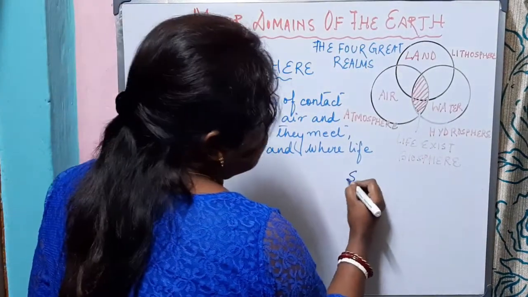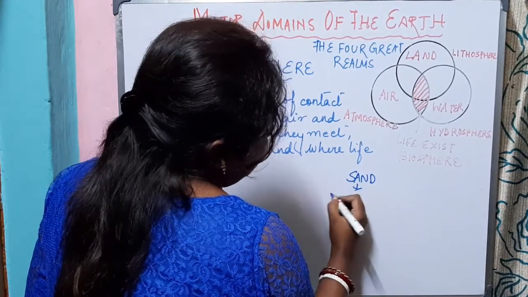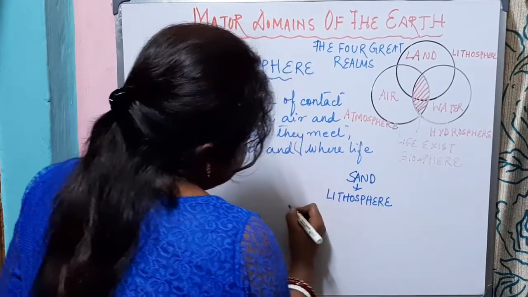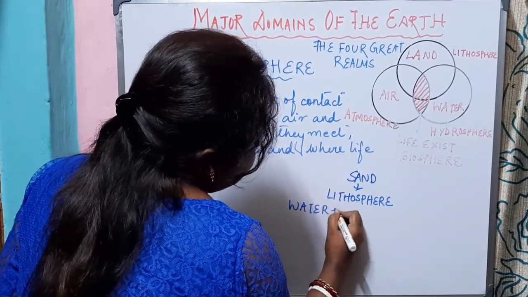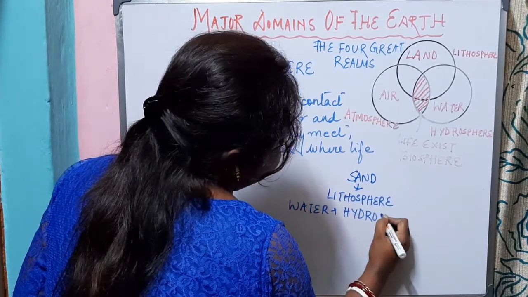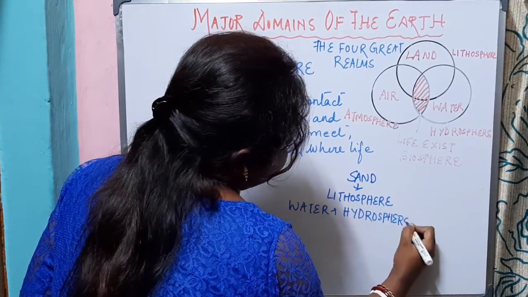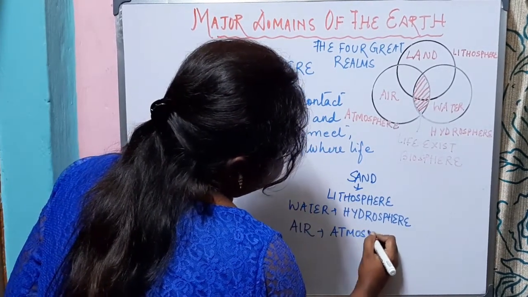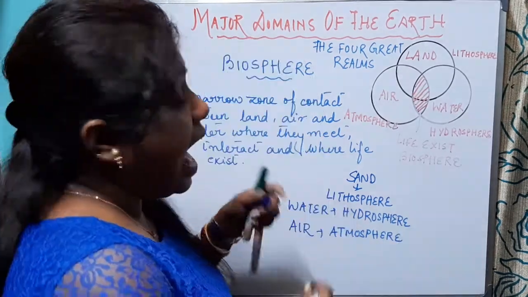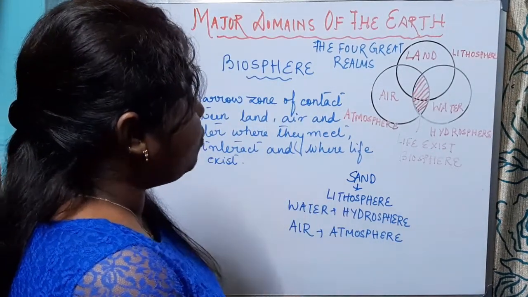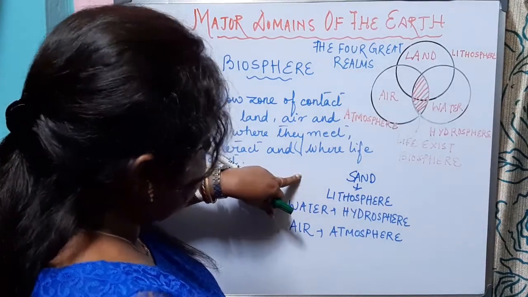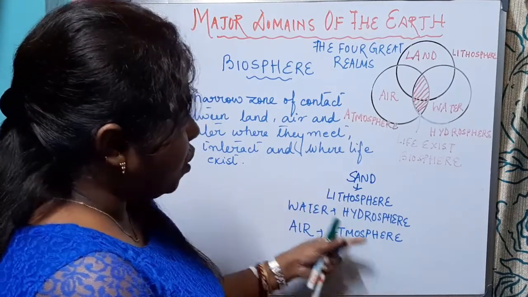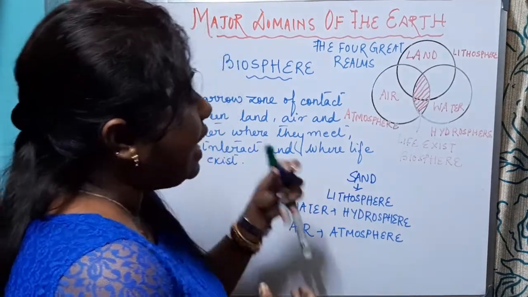Here the sand is lithosphere, the water is hydrosphere, and the air is atmosphere. And the narrow zone where these three components of environment meet and interact, there life exists.